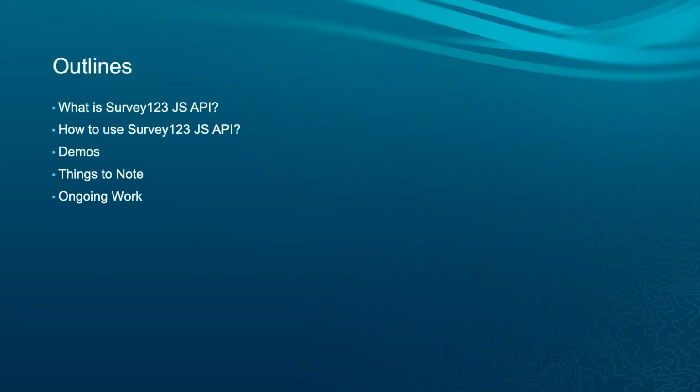So today we'll cover this topic: what is the Survey123 JS API and how to use it? We'll give some demos to illustrate how to use it. And when you use the Survey123 JS API, there are some things you want to note, and also some ongoing projects we are working on right now.